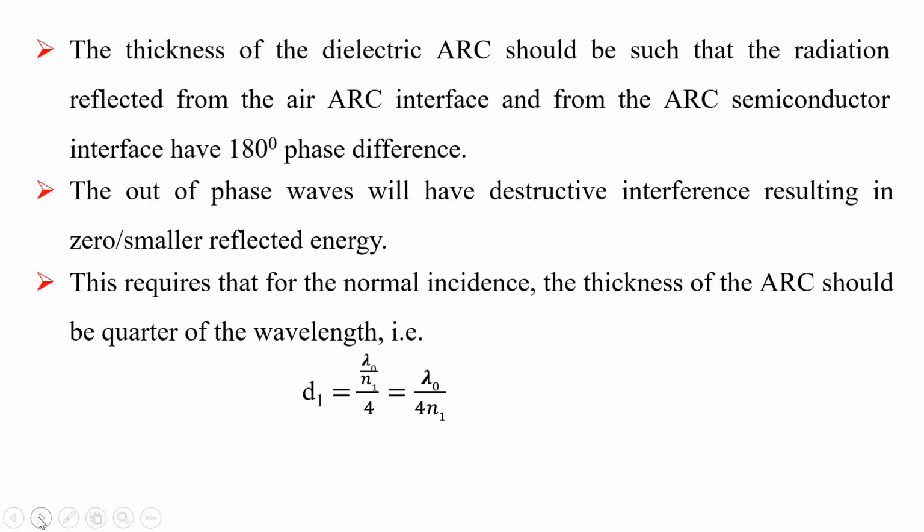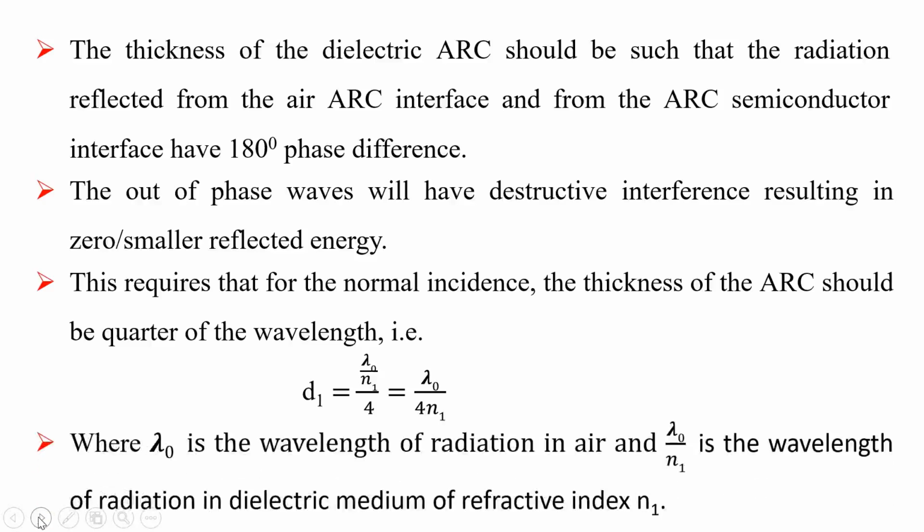That is, d1 = (lambda 0 / n1) / 4 = lambda 0 / 4 n1, where lambda 0 is the wavelength of radiation in air and lambda 0 / n1 is the wavelength of radiation in the dielectric medium of refractive index n1.